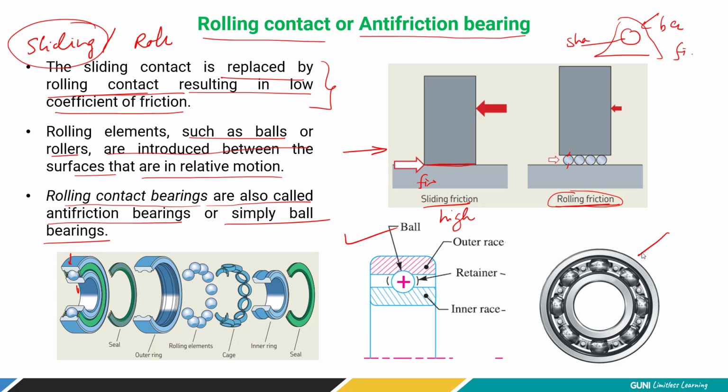Now here you have to remember how it is constructed. Just look at the very simple construction of a ball bearing. You must have seen it in the market, right? So this is the outer ring, and this is the inner ring, and in between, the rolling element is fixed or inserted.